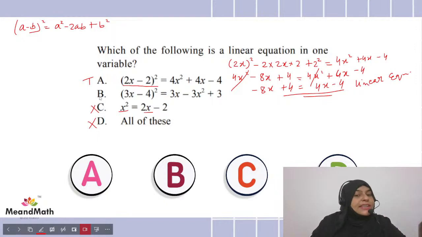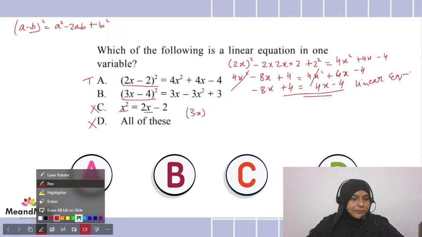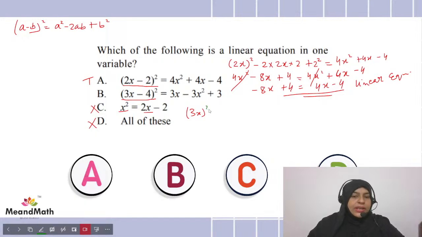Now we need to check the second, part B. Here again there is a whole square formula. 3x minus 4 to the whole square. 3x minus 4 to the whole square means 3x whole square, okay, I need to take another color so that you can understand it better. Right. Now 3x square plus 4 square minus 2 times 3x into 4.